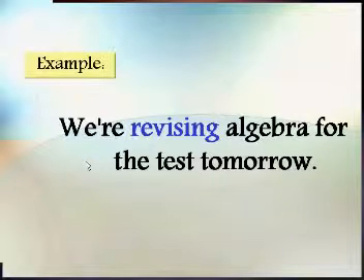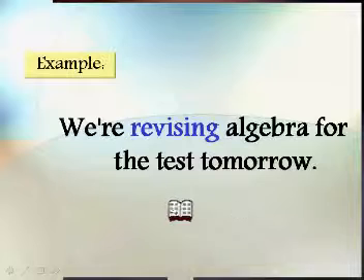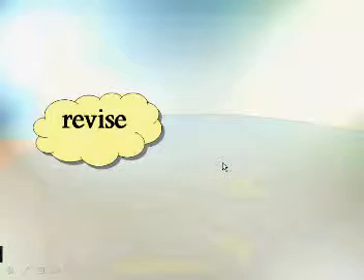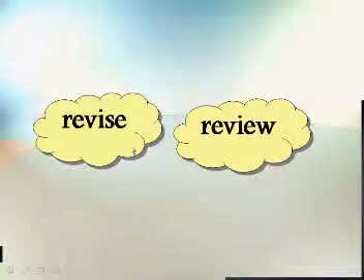Another example. It should be an easy word. We are revising algebra for the test tomorrow. If you have a test, what would you do? Of course, you would revise. Okay? And in your book, you have 2 words you can use alternatively. We have the word revise and review. In this context, they both have the same meaning.